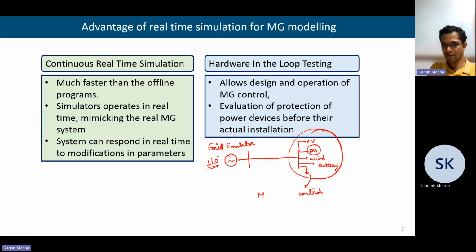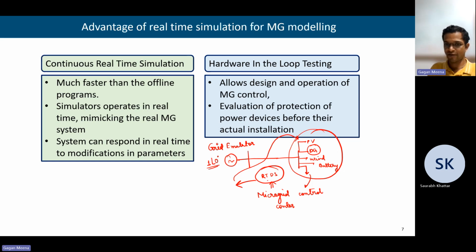or you can say the microgrid control center, the control logic we can implement in RTDS. And we can take output from RTDS and give control signals to each of these elements.